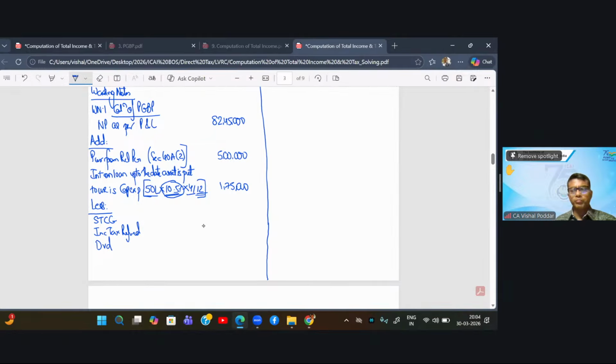Correct? So the STCG amount was 10 lakhs. This was 1550. And this amount was 15 lakhs. Now, interestingly, there is one more thing to be subtracted, students.